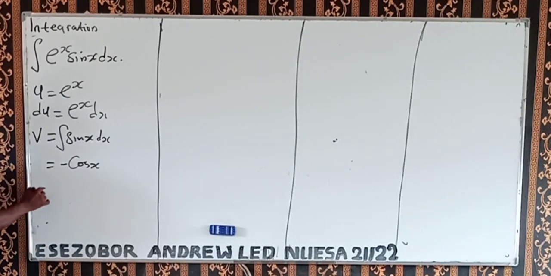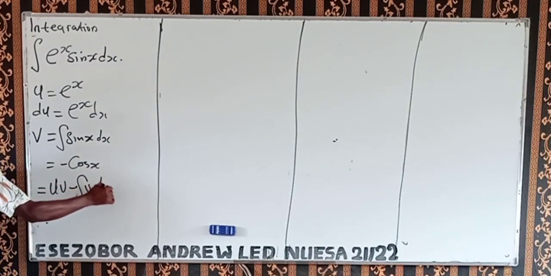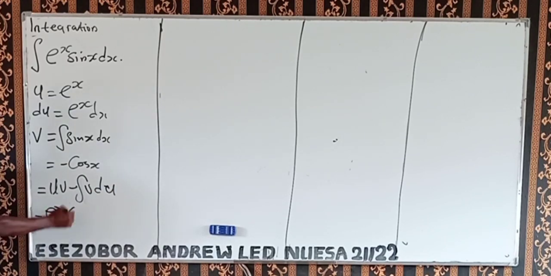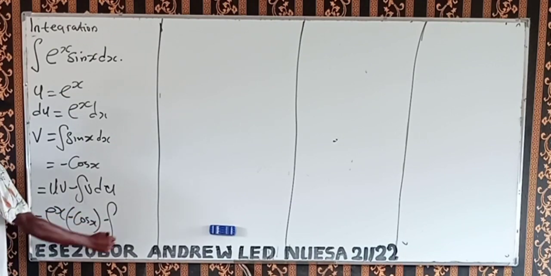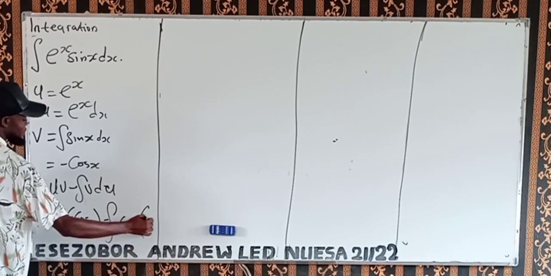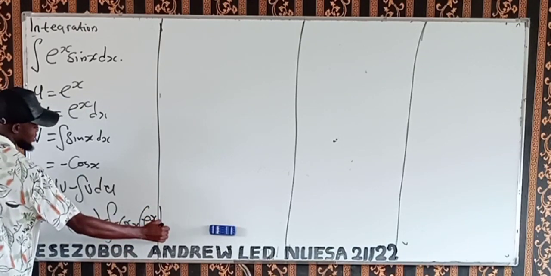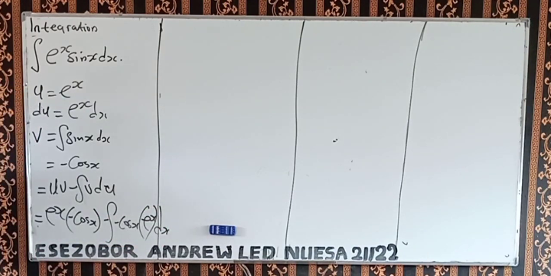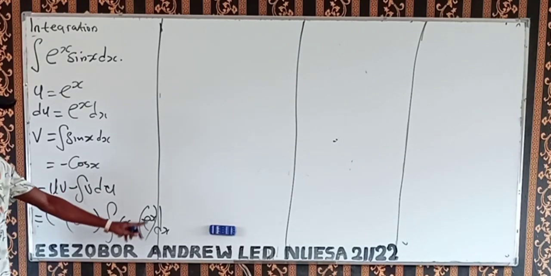Then from this formula, uv minus integral v du, you have something like this. U is what? Exponential x. V is what? Minus cos x, minus integral minus cos x. Du is exponential x dx.